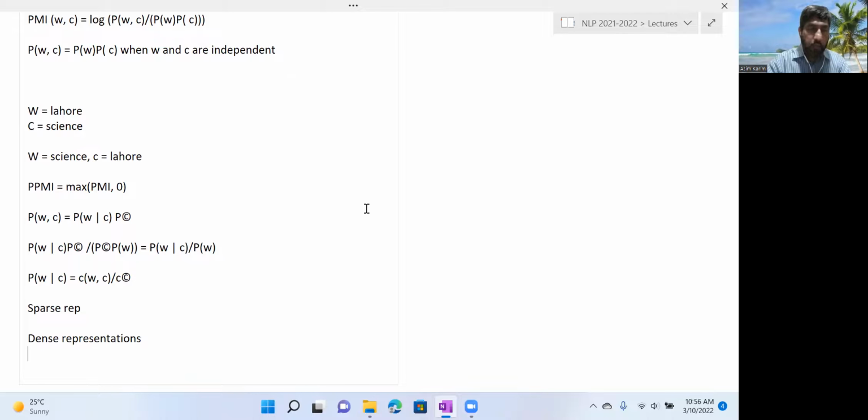So we would like to have smaller, or you can say shorter, vectors, but with few or no zeros. That's what we mean by dense.